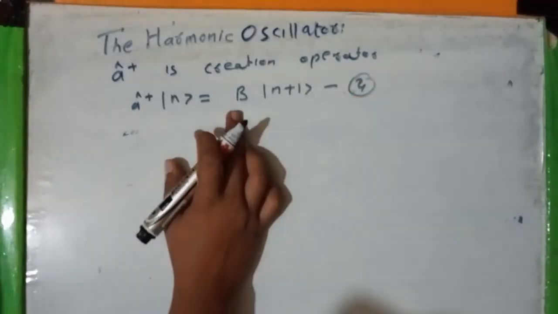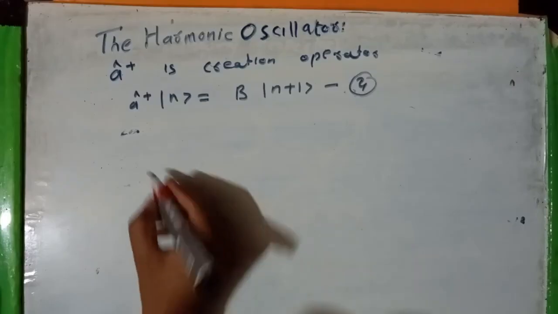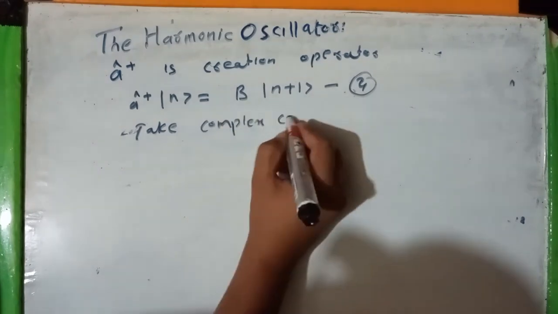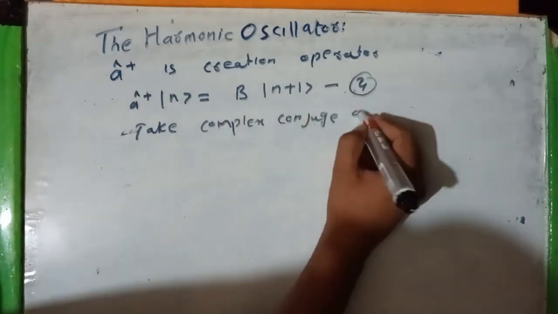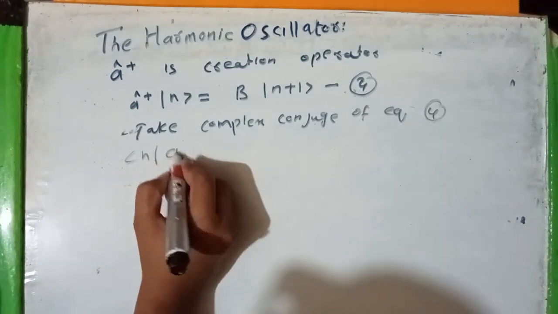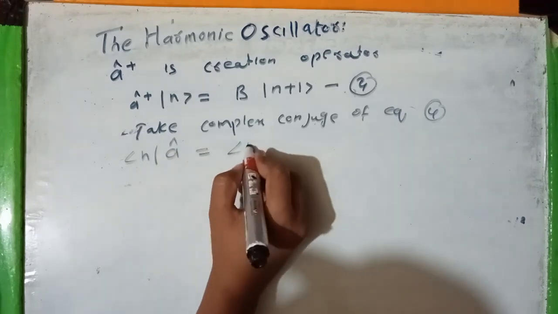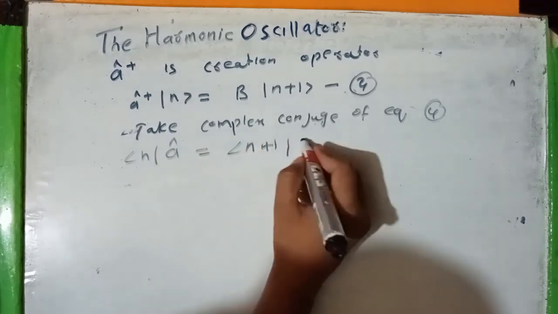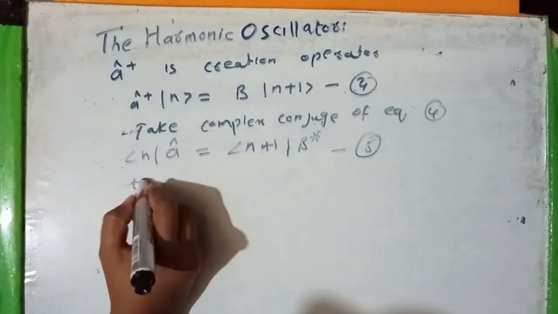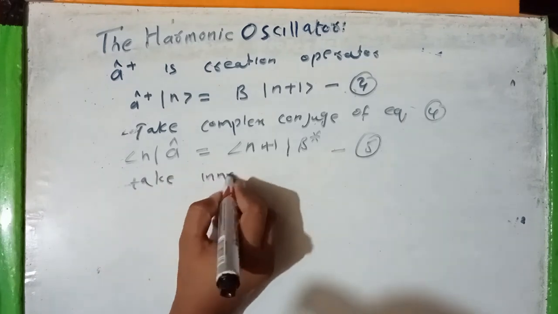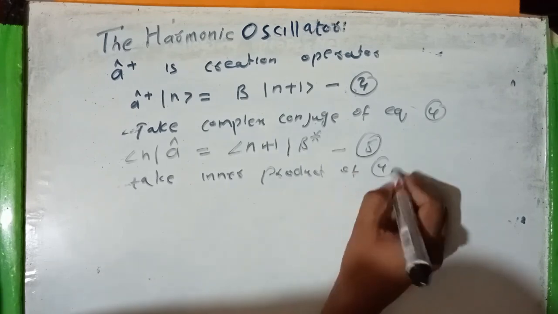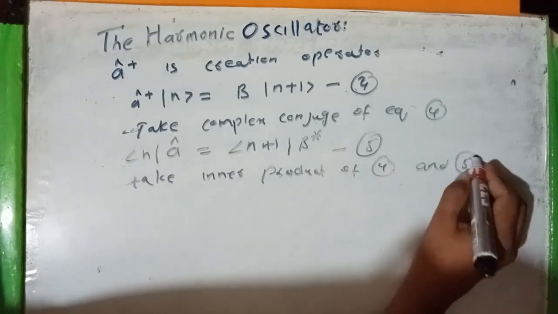Now we'll find the value of B. Take the complex conjugate of equation 4. So this becomes n a is equal to n plus 1 B star. This is equation number 5. Take the inner product of equations 4 and 5.